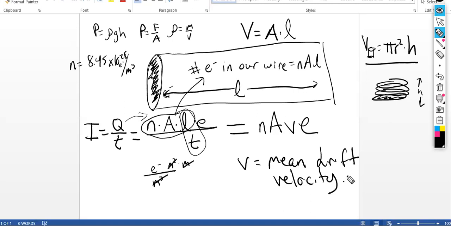Mean, it's an average. Drift, because when we put a battery up on some wires and build a circuit, the movement of the charge carriers through that wire is pretty haphazard and erratic, but there tends to be a drift in one direction.